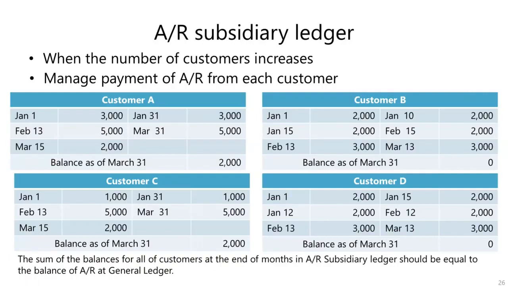Then the month end ending balance can be calculated for each customer. Then the total of each month end balance is recorded in the general ledger in the account of accounts receivable.